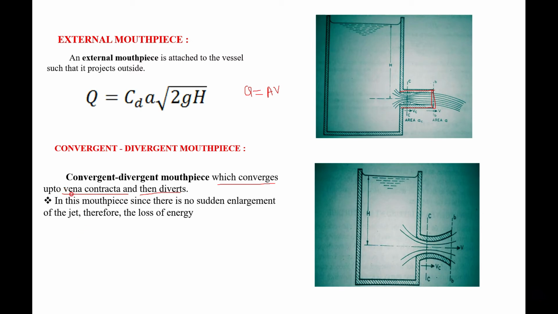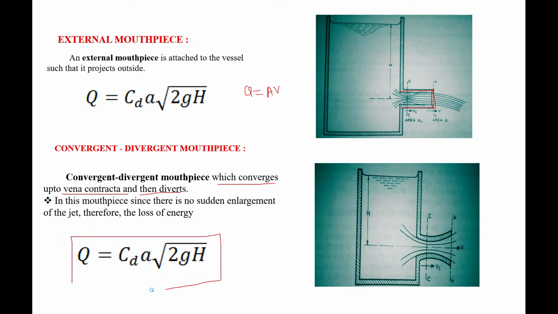As I explained earlier, this is the vena contracta. In this mouthpiece there is no sudden enlargement of the jet, therefore the loss of energy is less. So here Q equals Cd into A into root of 2gH. This is the equation we get. There will be some loss of energy here.